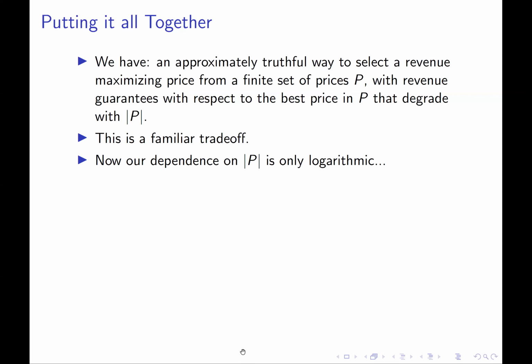But now our trade-off is very good, because our dependence on the number of prices is only logarithmic, and we don't have any square root terms, right? We don't have any square root terms that come with the regret that's always associated with some online learning problem, because here we're not running an online auction.